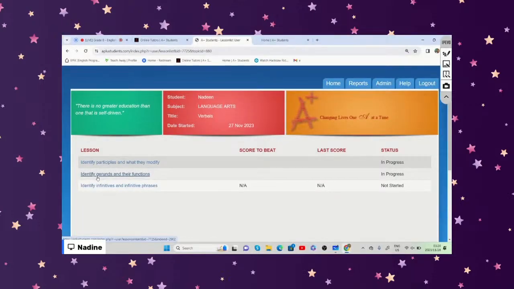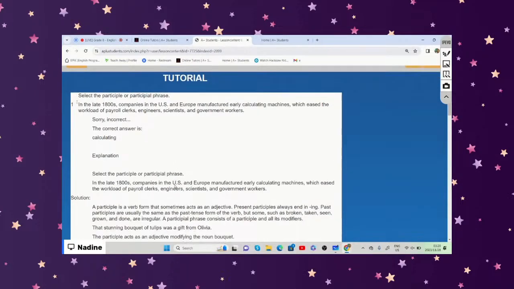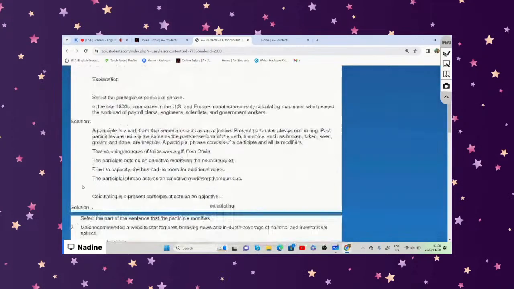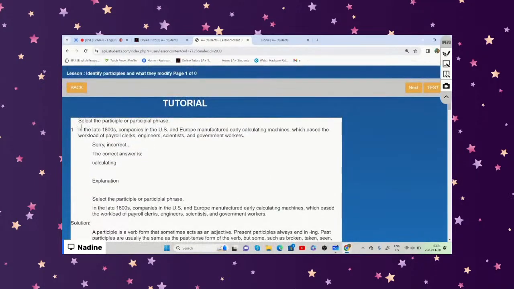All right, so now we're going on to our tutorial lesson on aplusstudents.ca. And we're going to identify participles and what they modify. We need to select the participle or the participial phrase.